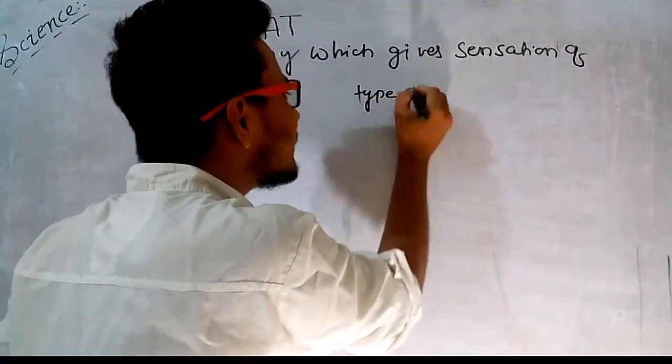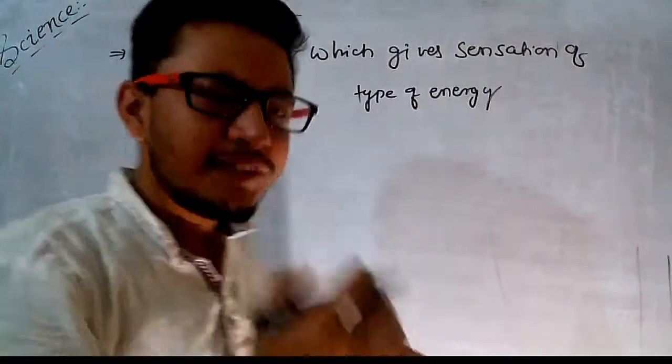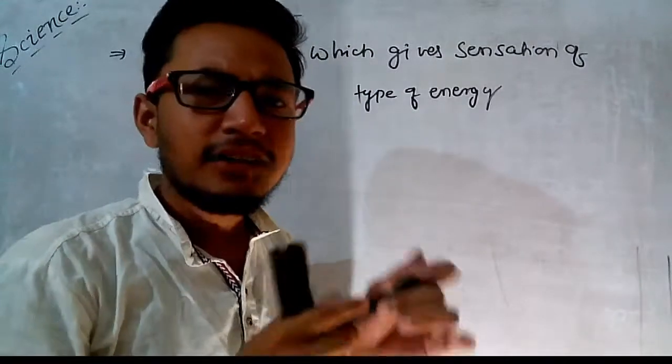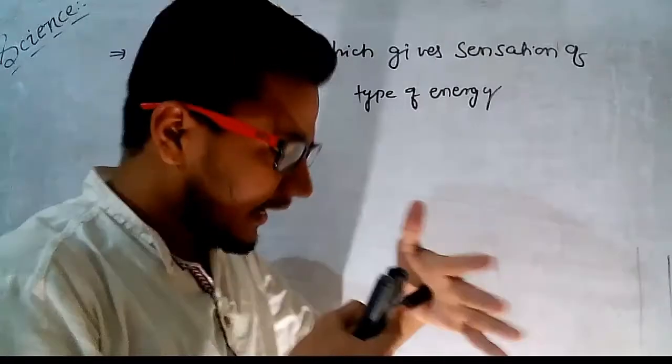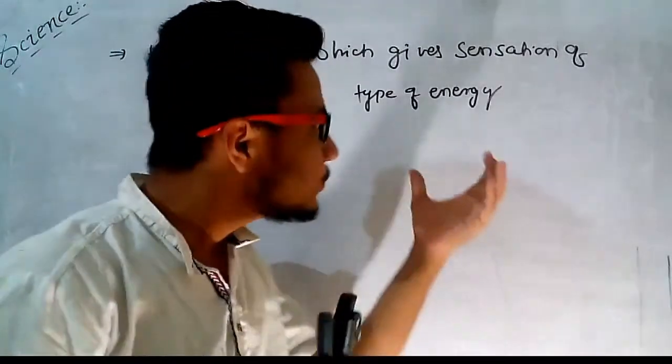We have to remember, what is the principle of energy? The principle of energy is that it can't be created and it can't be destroyed, but it can be transformed from one form to another.